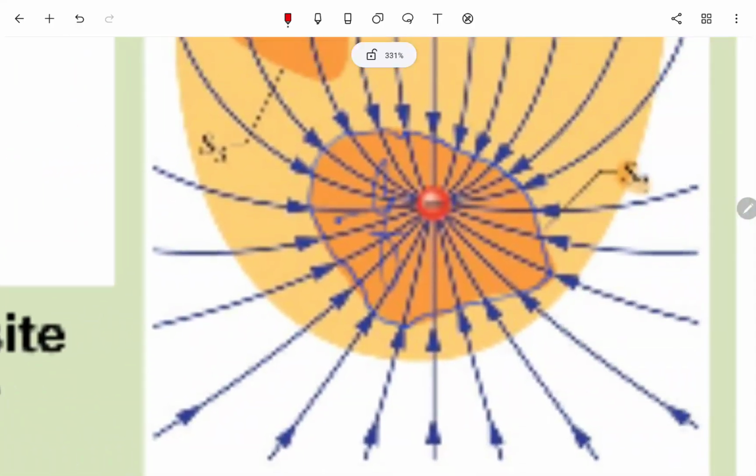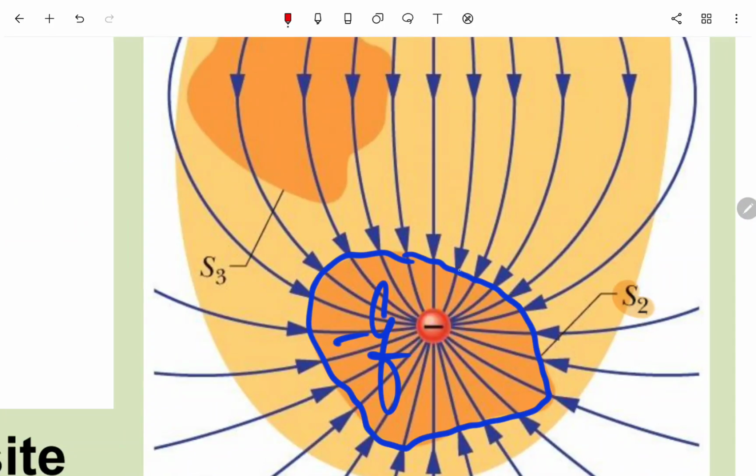And here for S2, for example, this one, dA points to this side, but the E field is like this. So theta is larger than 90 degrees and less than 180 degrees, so the cosine of this theta is negative.